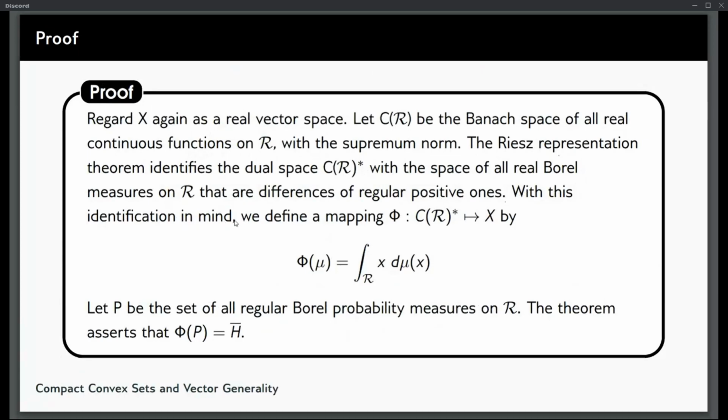Now that we have this identification, I can define phi from the dual of C(R) to X. It turns every mu into the integral of x d mu of x over R, right? And if P is the set of all regular probability measures on R, then the theorem just tells us that the image of P is the closed convex hull, right? Because we want the image to be this, since every y here ought to be this, so we just have to prove this.